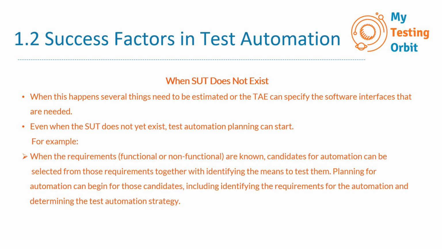For example, when the requirements, functional or non-functional, are known, candidates for automation can be selected from those requirements together with identifying the means to test them. Planning for automation can begin for those candidates, including identifying the requirements for the automation and determining the test automation strategy. Exactly.